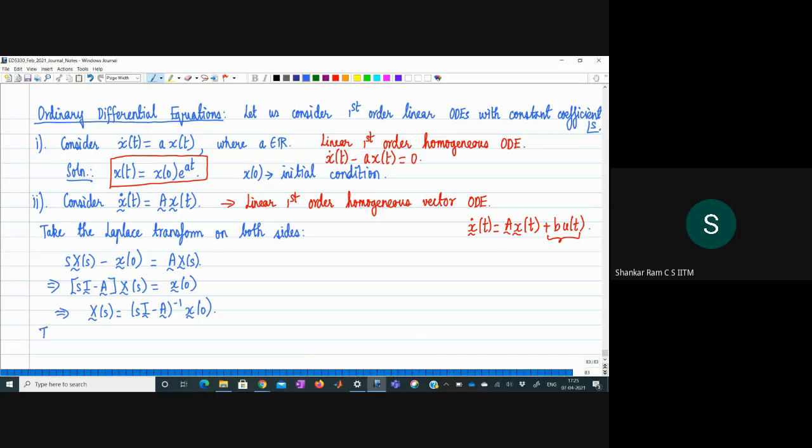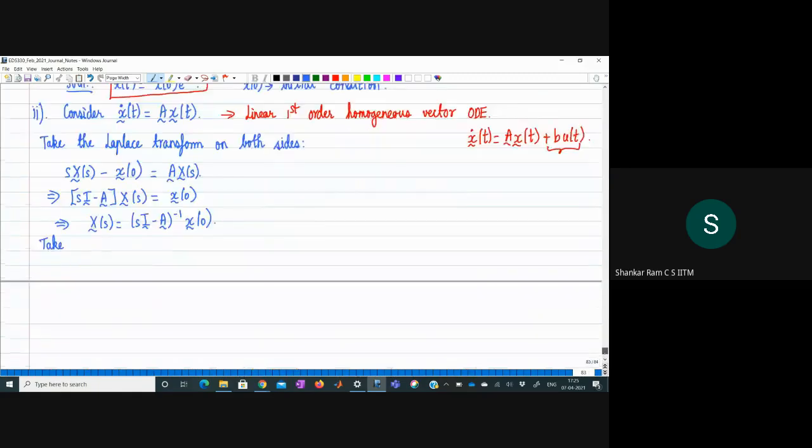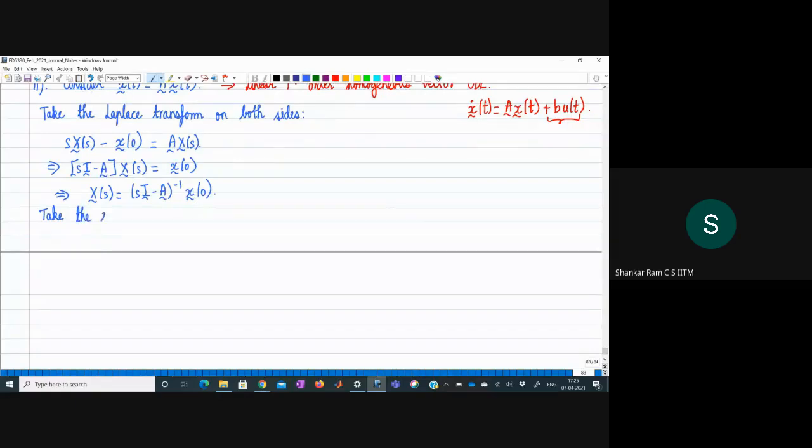If we take the inverse Laplace transform of this equation, you will get x of t equal to phi t times x0, where phi t is the Laplace inverse of (sI minus A) inverse.